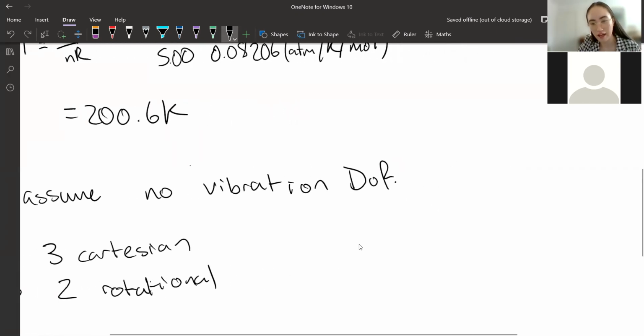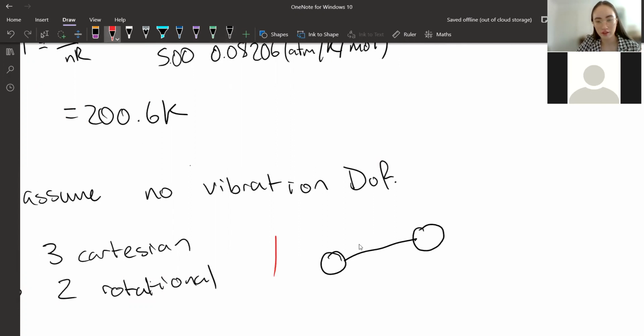And that's just because we have a diatomic molecule, so it can move up and down, side to side, or front and back, otherwise known as X, Y, Z. It can also rotate in this way.